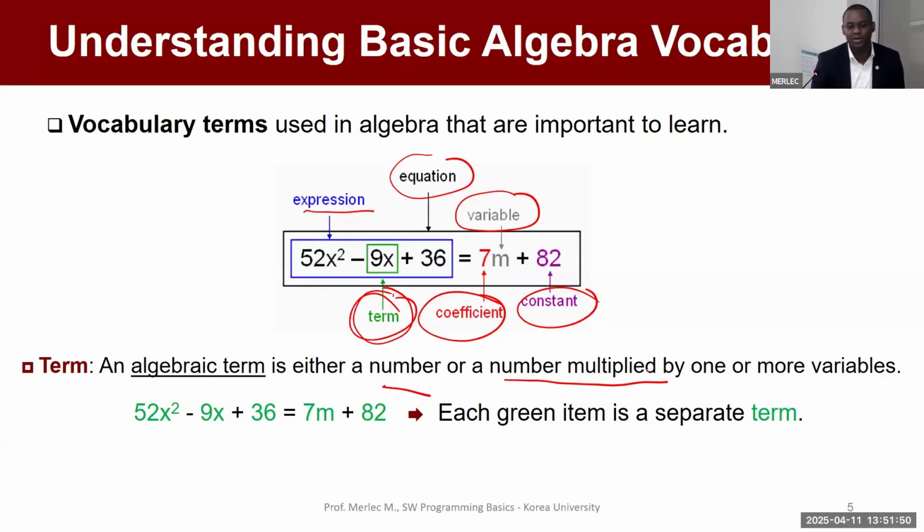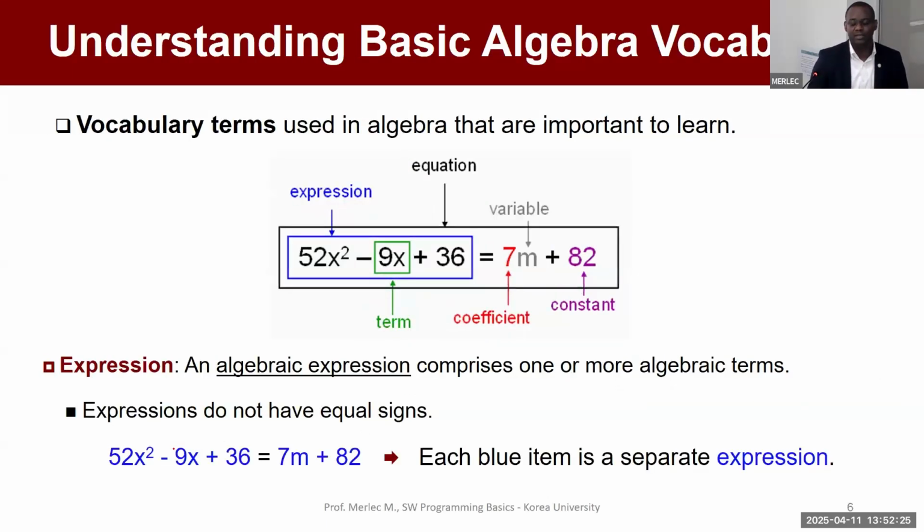So this is what we call a term. Everything in the green color in this equation represents a term, which can be a number or a combination of a variable with a number, okay? Like here, you have a number 52, which is multiplied by variable x to the power of 2. So this is the meaning of a term in the context of algebra.